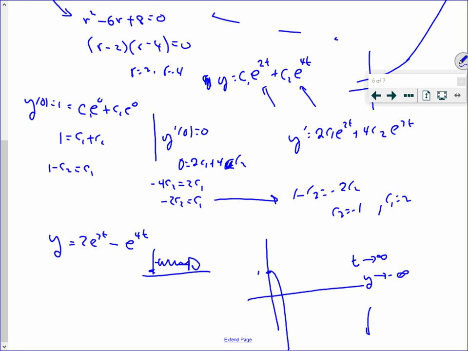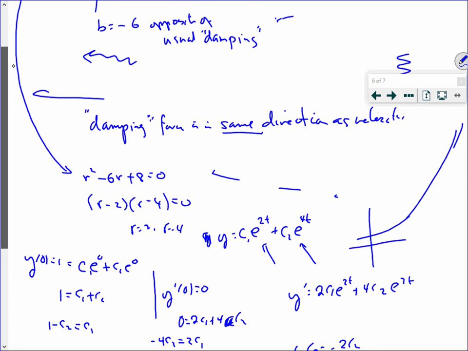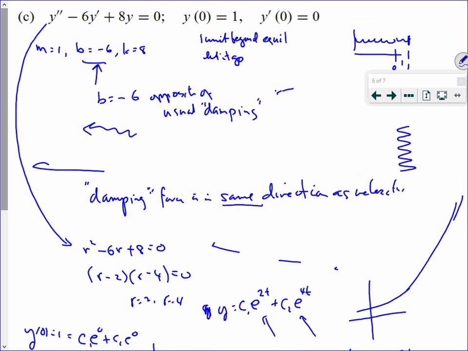That takes a little bit of analysis, but I think that's what they're after. In this case, the damping force is opposite of what we usually think. Damping is generally in the opposite direction of velocity, but if b is negative, then it's in the same direction as velocity. So the spring is not going to be enough to stop it.